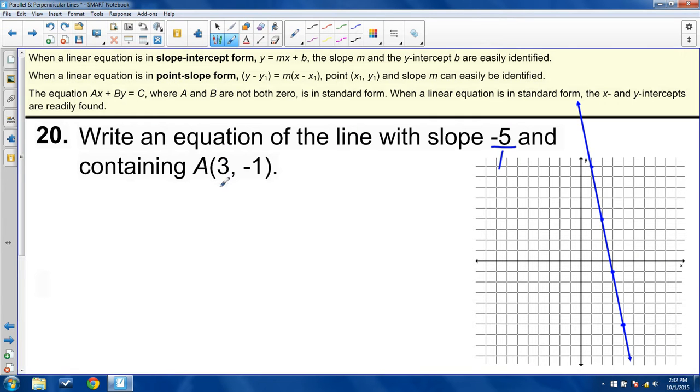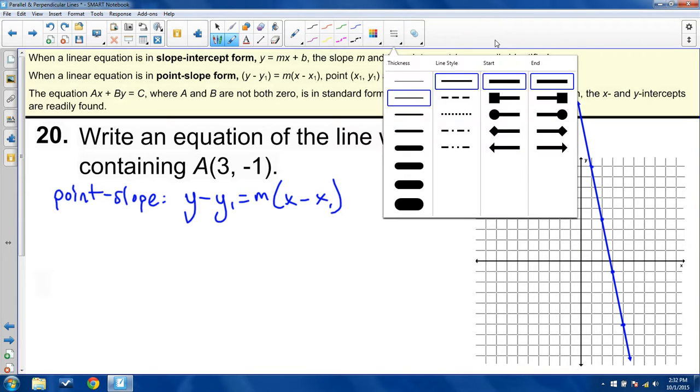First form I'm going to do is called point-slope form. Now, point-slope form is an equation where slope and a point are easily identified. So here's y minus y1 equals m times x minus x1. That's the formula, where m is your slope, such as -5, and x1 and y1 are the point that they are giving you.